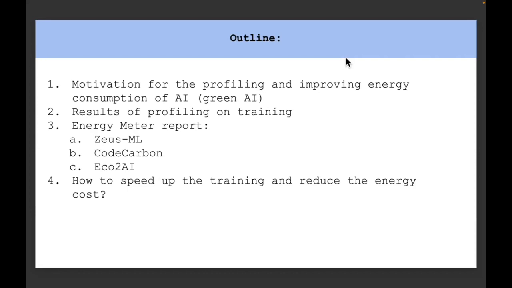During the studies I used several energy meters, and I'll show you the results, and then a short summary about how it's possible to speed up the training and the inference of this framework, and also to reduce the energy cost and energy consumption.